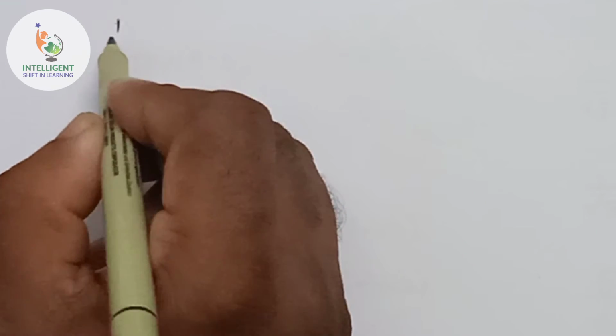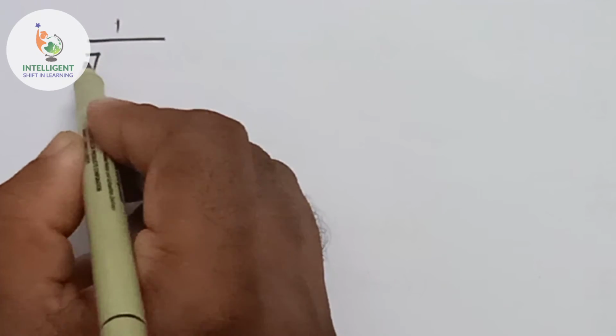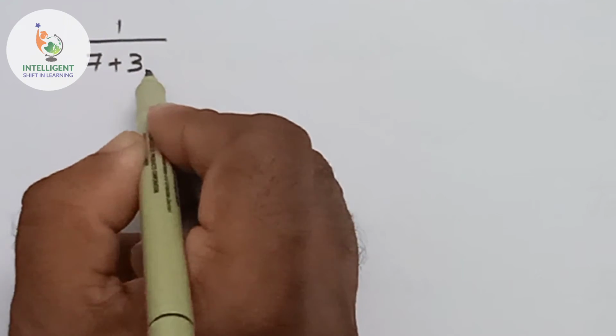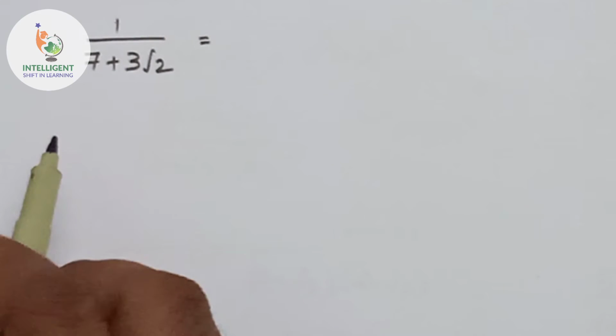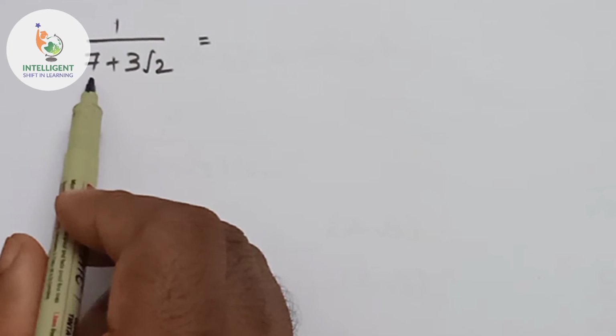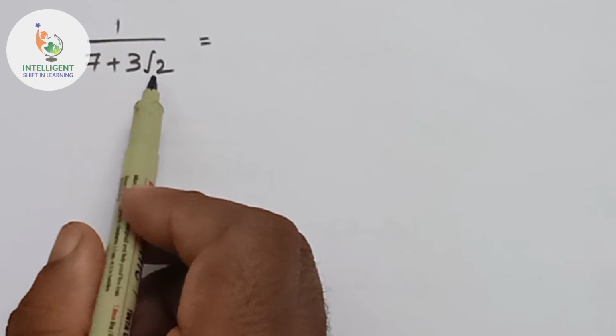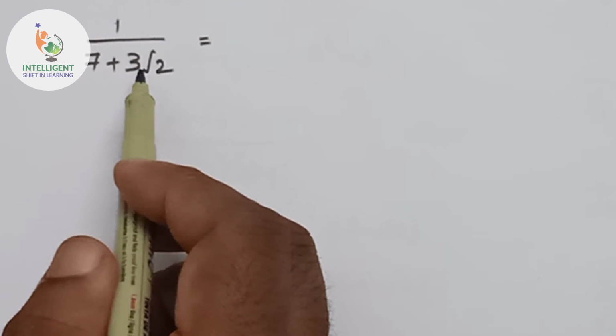Another example, rationalize the denominator of 1 by 7 plus 3 root 2. We will multiply with the conjugate of 7 plus 3 root 2 on both numerator and denominator.